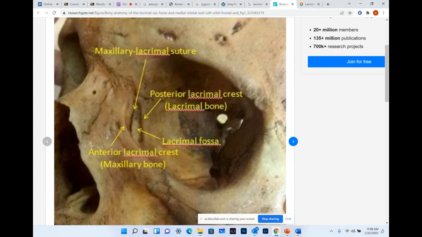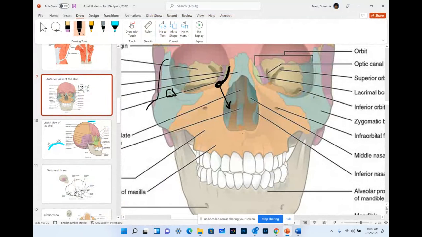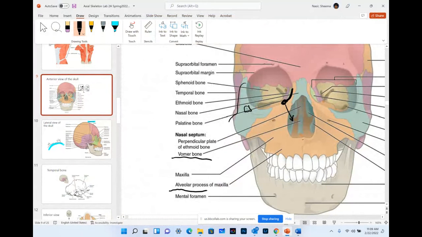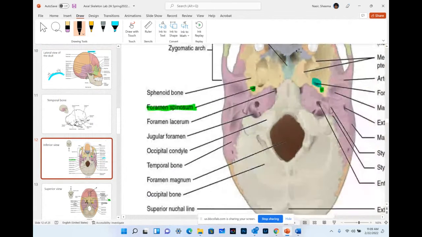Now, the next thing is vomer. In order to see vomer, you can see it from the front, the lower part of the nasal septum. Remember, that is your vomer, this lower part of the nasal septum. But you can also see it from the back, this view.